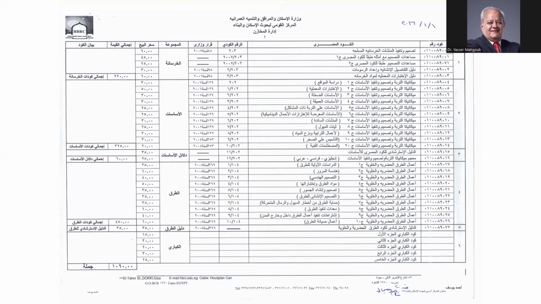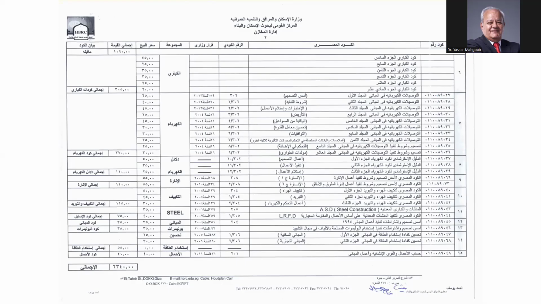These are the Egyptian codes that are published and updated. They start from soil testing to roads, to concrete, to electricity, to everything, and to construction.